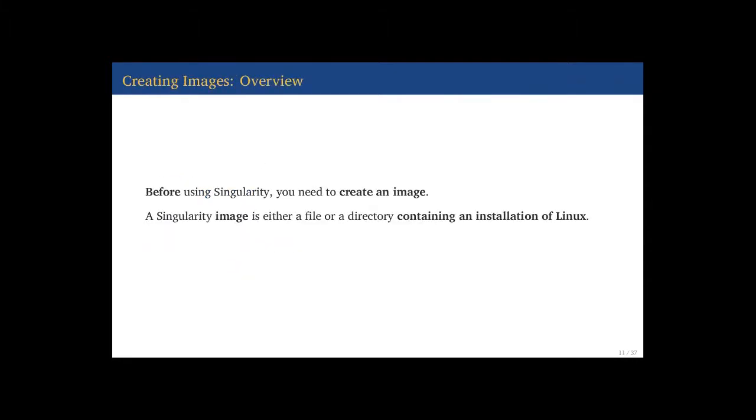Now, when you use a tool that lets you use containers, or for that matter, even when you do a virtual machine, you're effectively doing the same thing, but that's more complicated. But when you're using containers, you have to create an image. Now, this image is a file. In Singularity, it can also be a directory if you need to update or do read-write things with the image.